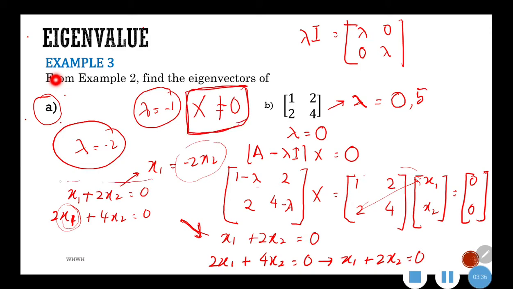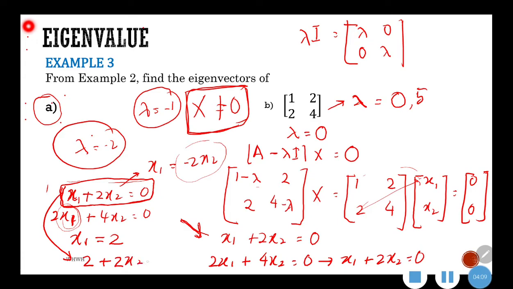So to be safe, just let x1 be equal to any value. We have the equation x1 plus 2x2 equals 0, so it's up to you what you want to let x1 equal. Let's say here I let x1 equal 2. Substituting into this, I get 2 plus 2x2 equals 0.